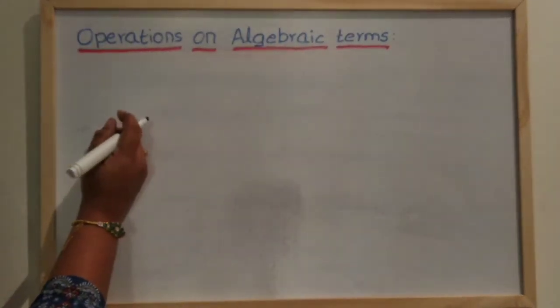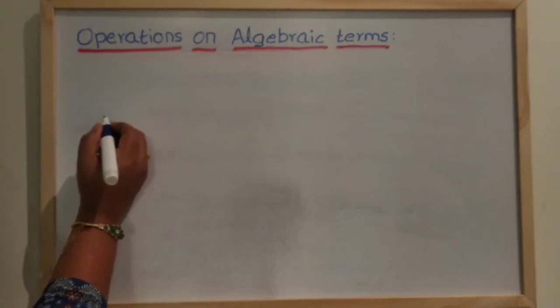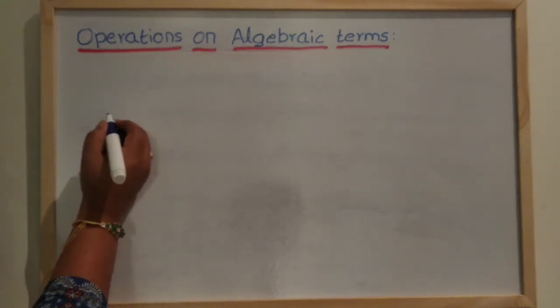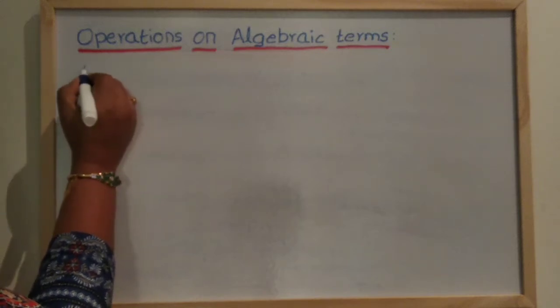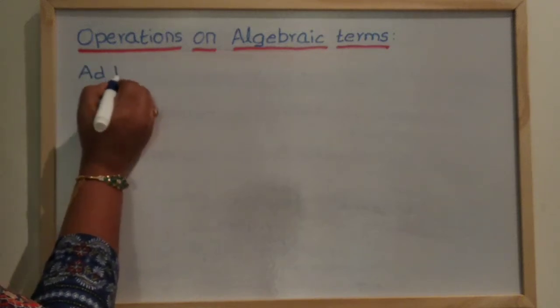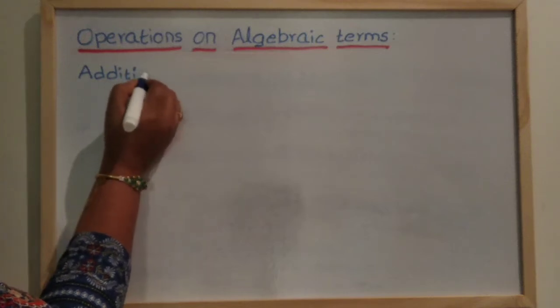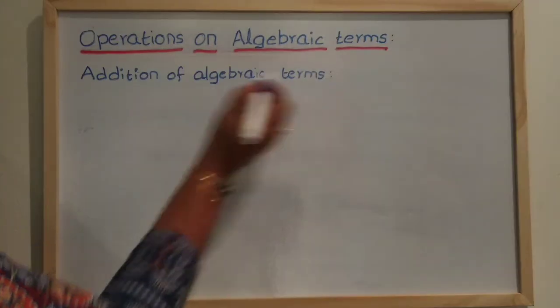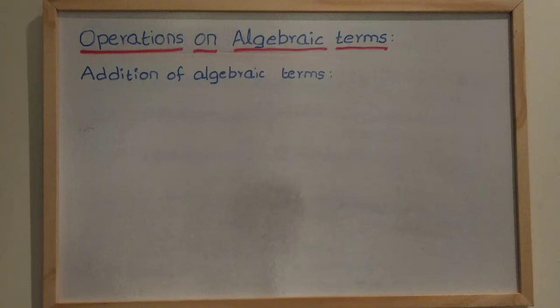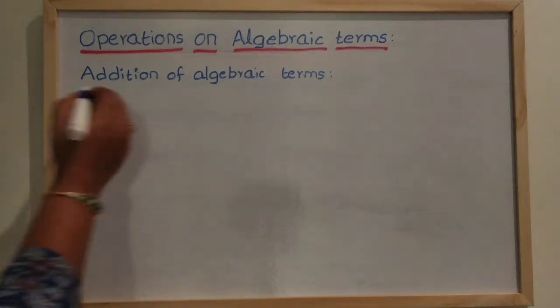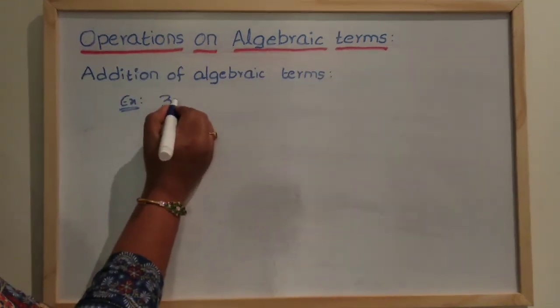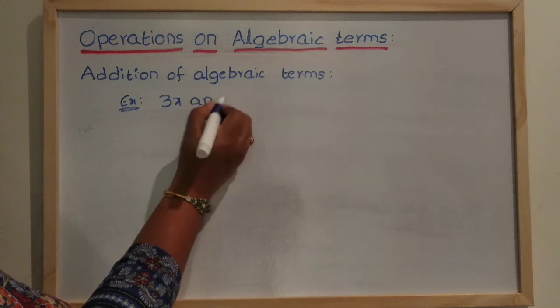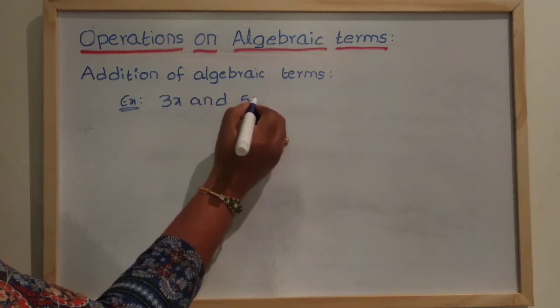Operations on algebraic terms. Just like numbers, operations such as addition, subtraction, multiplication and division can be done on algebraic terms. First, let us do addition of algebraic terms. Consider algebraic terms 3x and 5x.